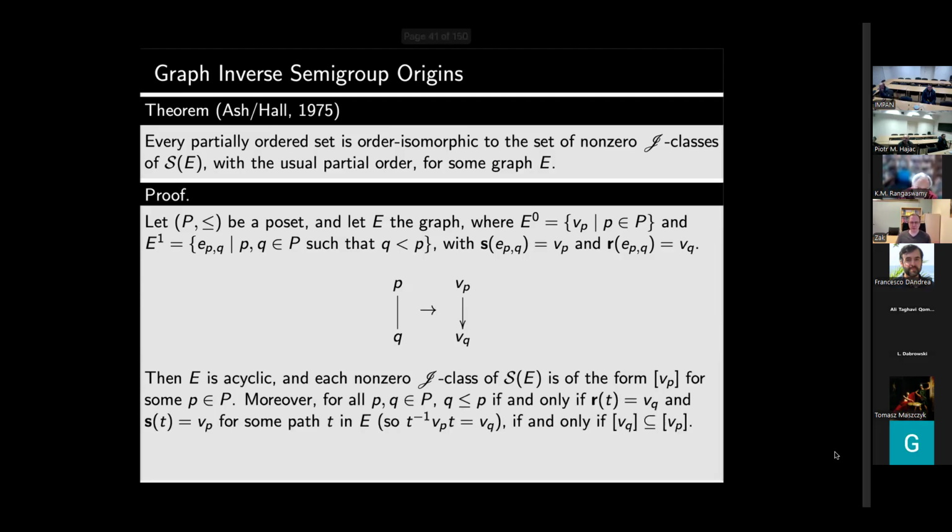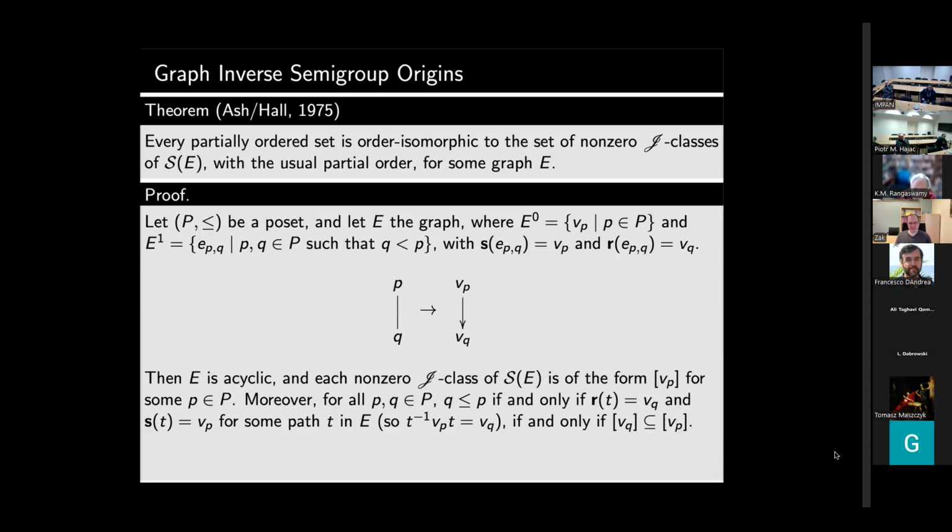Then you do a very quick argument to show that when you do this, the ordering is preserved. If you take two points P and Q, P above Q in the partially ordered set, and you look at where they go in the graph, they end up with vertices VP and VQ, and there's a path from VP to VQ.